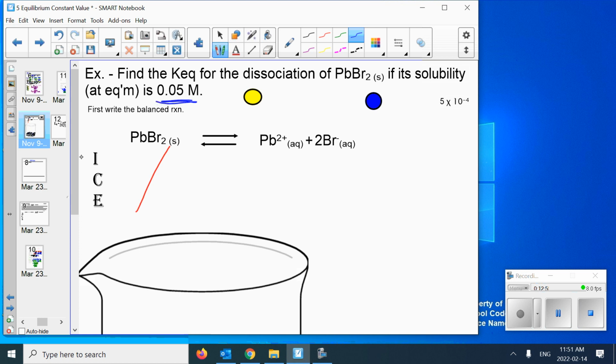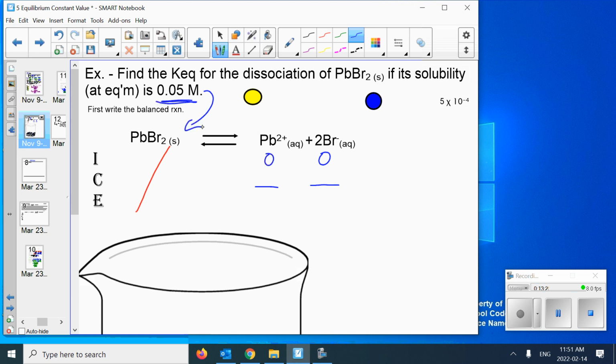You initially pour in the powder, the solid. Initially, at the very second you just started adding it, you had nothing of this. Right? Then, this 0.5, what does that mean? It means I don't care how much you've dumped, as long as you've dumped more than enough, 0.5 moles in a given liter will break up.